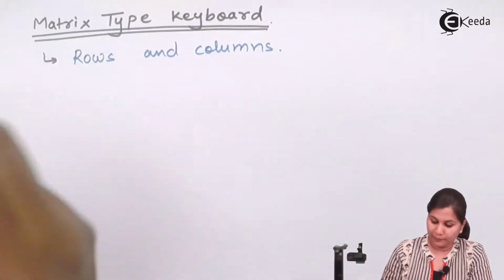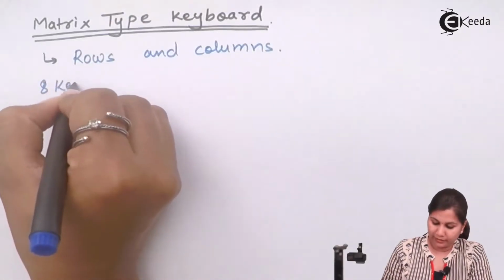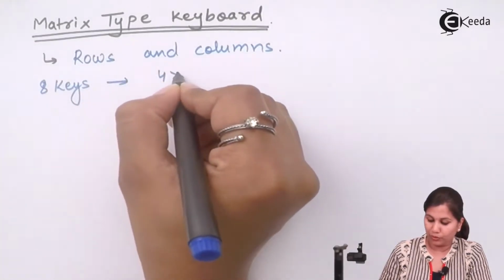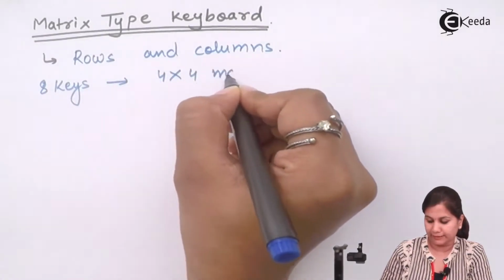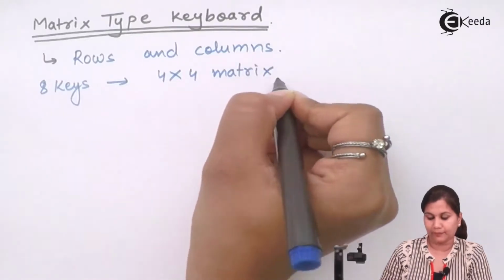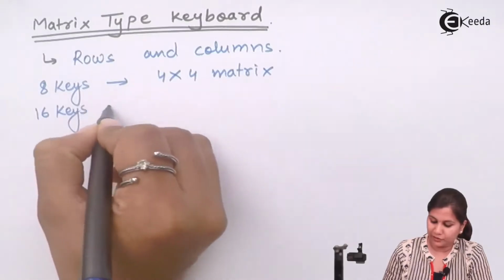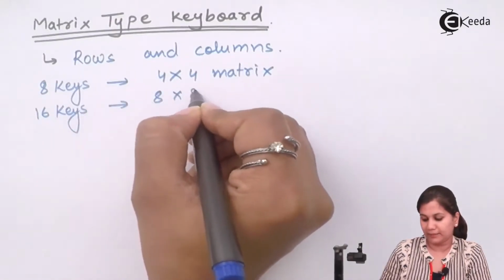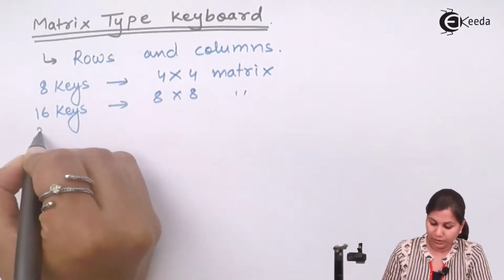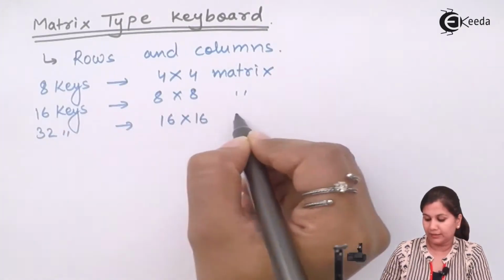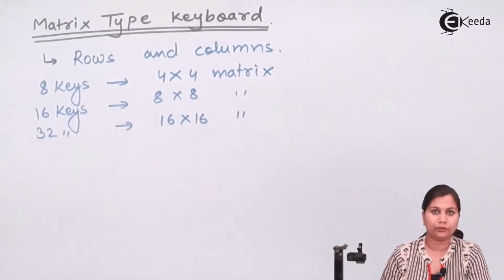Suppose 8 keys are required, then they can be arranged as a 4 cross 4 matrix. If 16 keys are required, then it can be arranged as an 8 cross 8 matrix. If 32 keys are required, then a 16 cross 16 matrix can be used.